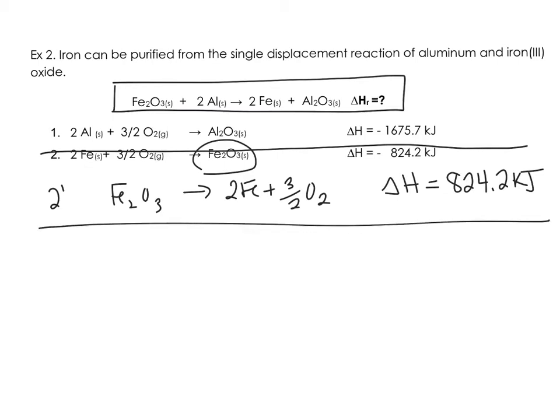Now I'm going to show you the other way. Instead of writing out both the total reactants and the total products, I will cancel anything that is on both sides of these green arrows. So Fe2O3 occurs only once.